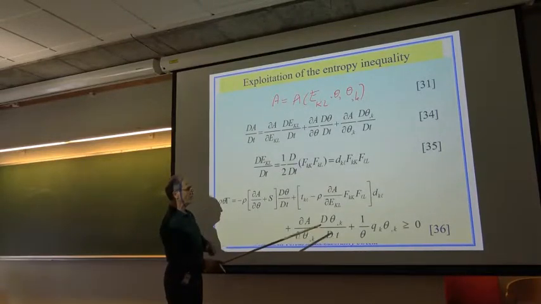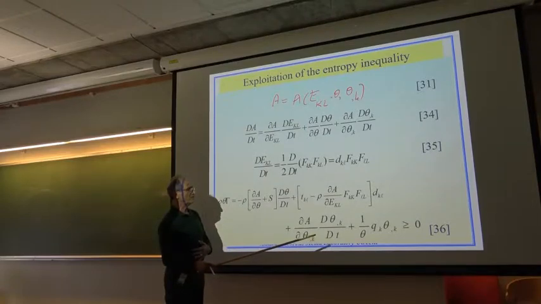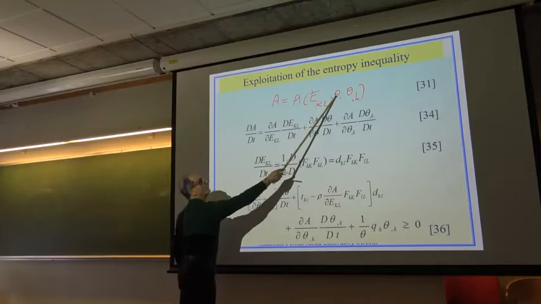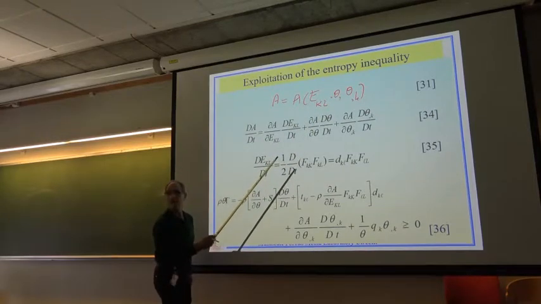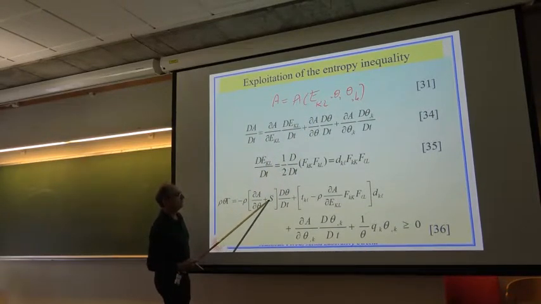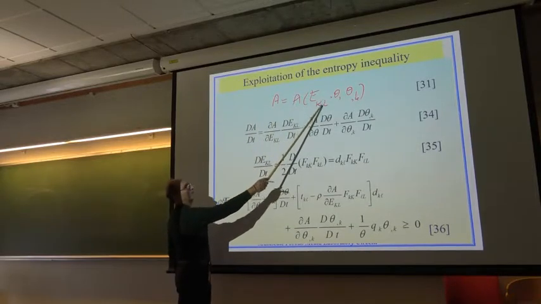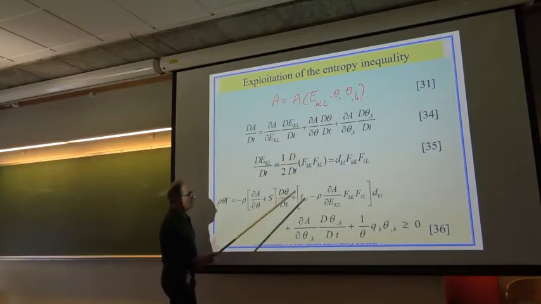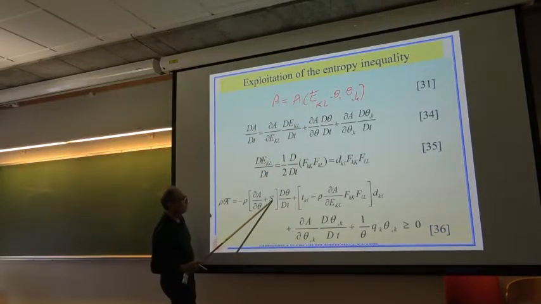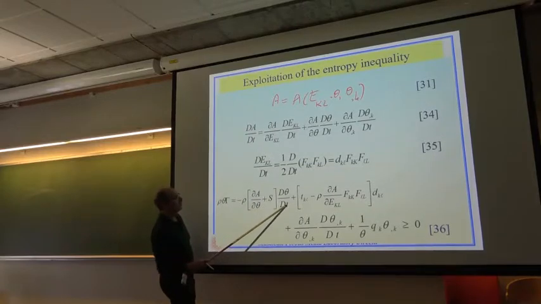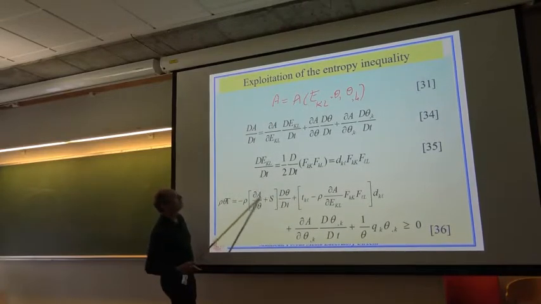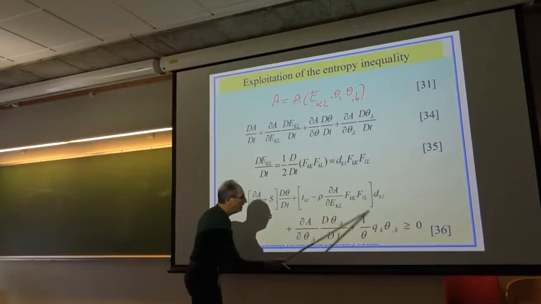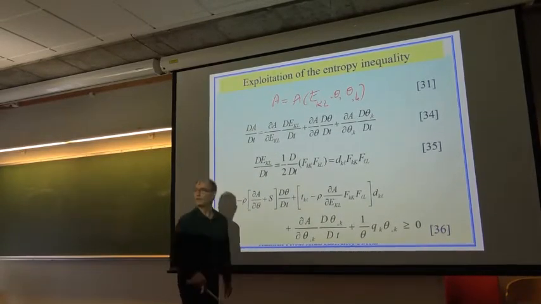For various reasons. One thing I should really immediately realize, which is very interesting, is that, remember, A is a function of these variables. So is S, so is temp, because all effects were functions of these variables. So this term is independent of d theta dt. There is no d theta dt in this term, is there? There is no d theta dt here, and here, and here, and here.